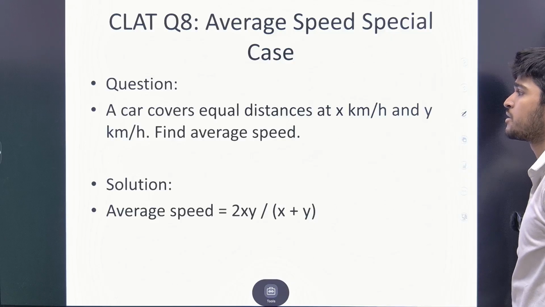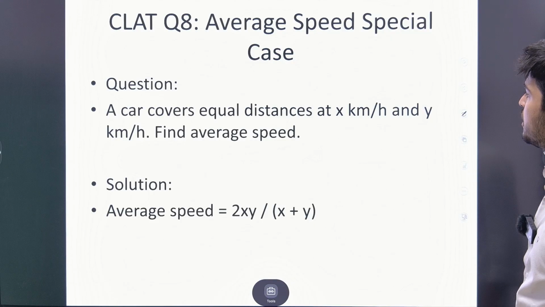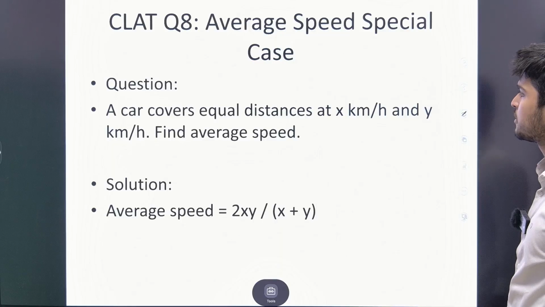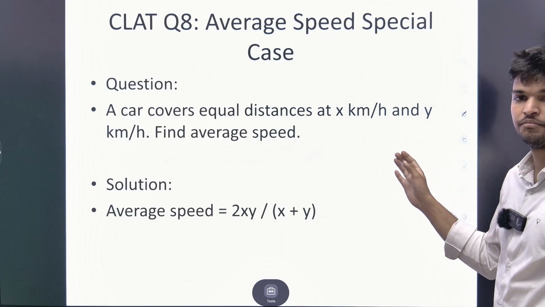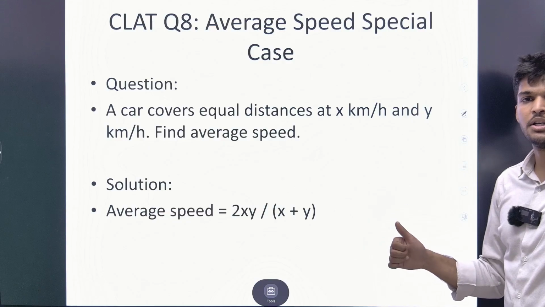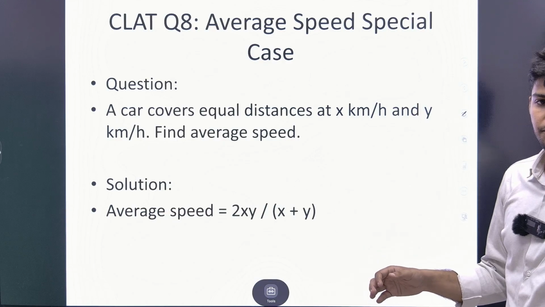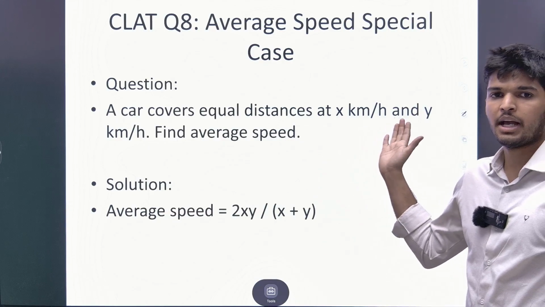A car covers equal distances at x kilometers per hour and at y kilometers per hour. That is, the distance is the same at this speed and at this speed.